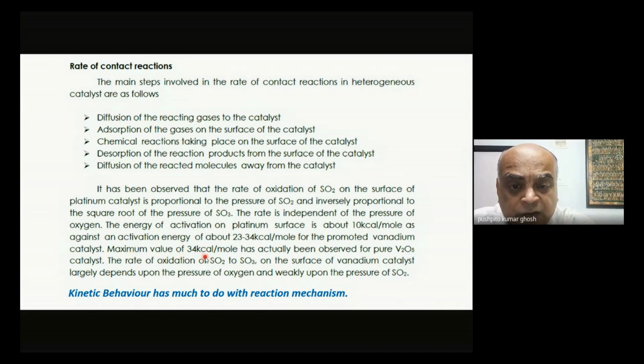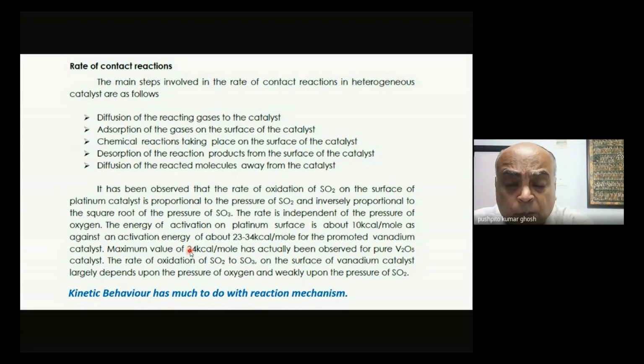A maximum value of 34 kilocalorie per mole has actually been observed for pure V2O5 catalyst. So this is another thing, that when we say V2O5 catalyst, if you take pure vanadium pentoxide, this is what you'll get. Vanadium pentoxide does not exist in a pure state in the catalyst. It is basically adsorbed on some other substrates which are promoters of the reaction.